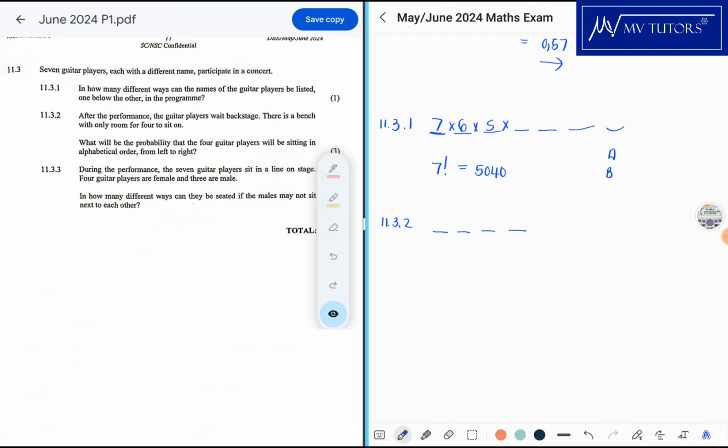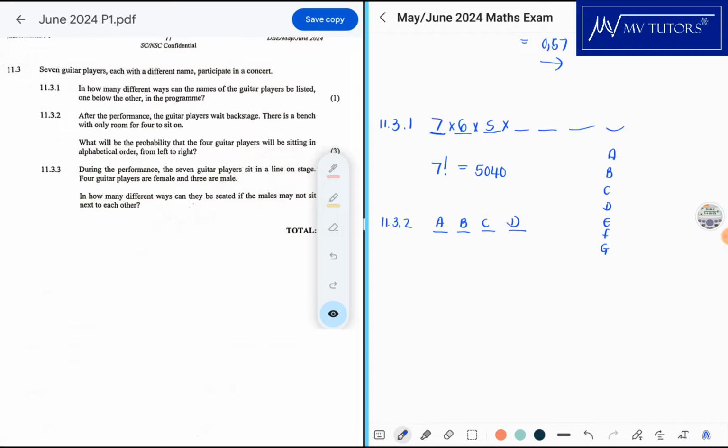The name starts with A, the other one starts with B, C, D, E, F, G. Okay, and now they're sitting in alphabetical order. So A, B, C, D.